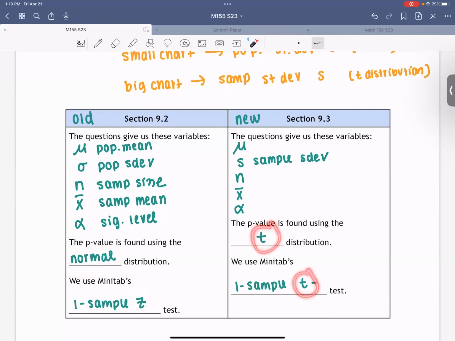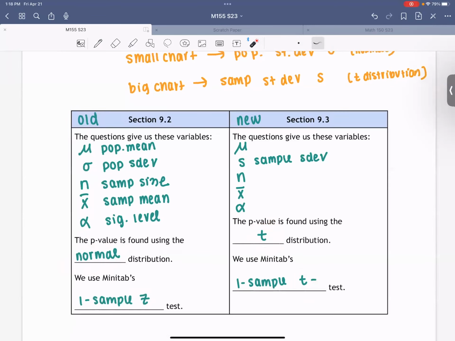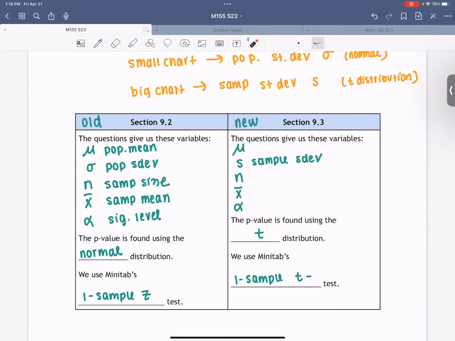T distribution, t-test. Not very creatively named here. Any questions on how these problems are going to be different? If you understand the stuff from section 9.2, these questions are super easy because it's pretty much the same thing. You're just using a different test.